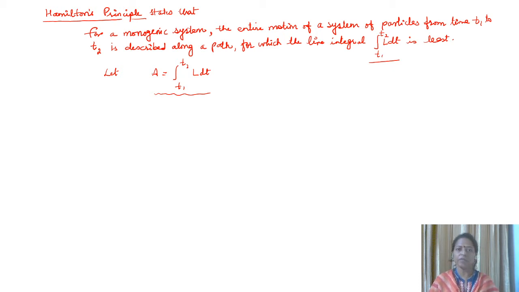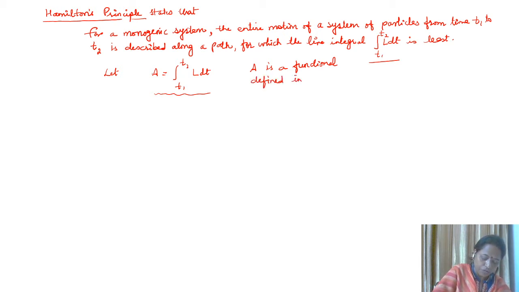So naturally we will use the calculus of variation technique. Here A is a functional because it is defined on a function. It is a functional and naturally it is the action function. A is a functional defined in terms of an integral, so we will use the calculus of variation technique.